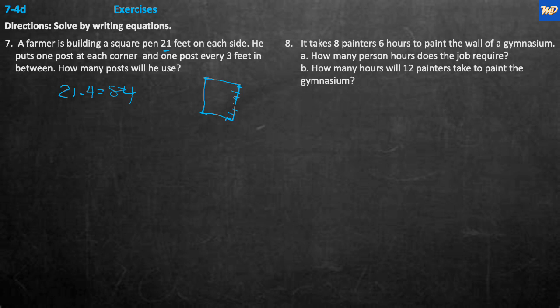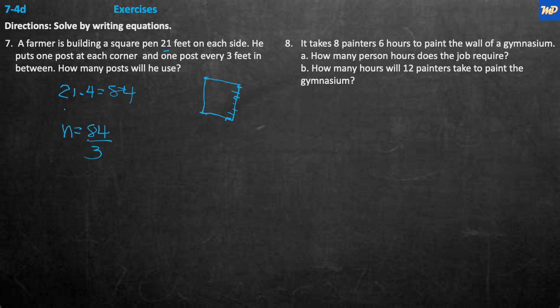So how many posts will he need to buy? So we know that it's 21 feet times 4 is 84 feet total around this pen. And given that, we know that it's every 3 feet is a post. So the number of posts, n, is equal to 84 feet divided by 3. That's what he has to do.